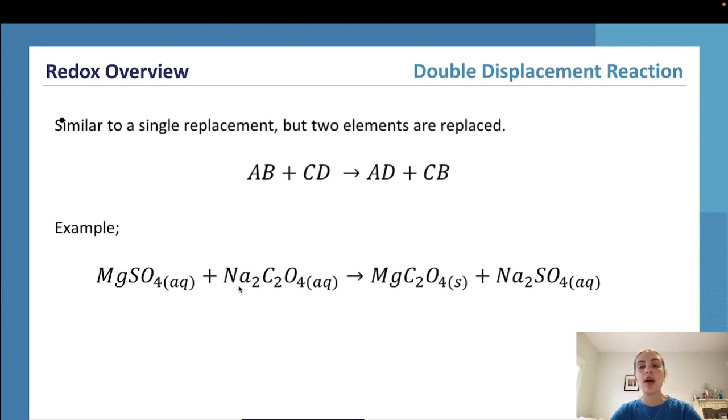You don't need to worry about that too much for your exams and this syllabus, but I thought it's useful to point out that although this can appear not to be redox, it is still considered a redox type reaction and still can be a redox reaction.